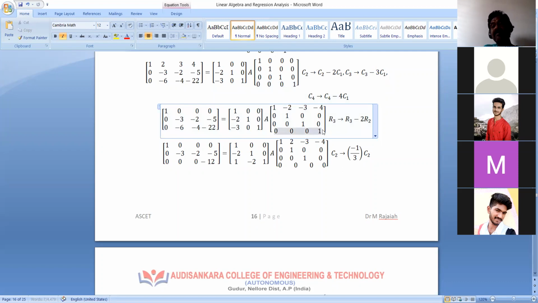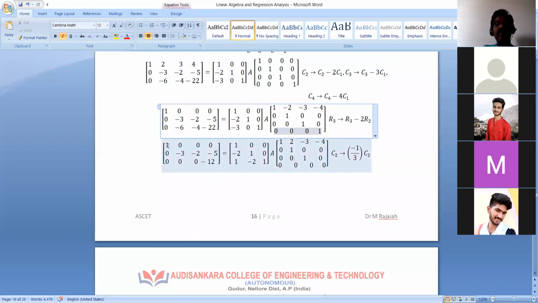This is the value. Next, we want to reduce this 6 as 0, second row, third row, second element as 0 by using row operations. And that row operation also operates on the pre-multiplier.